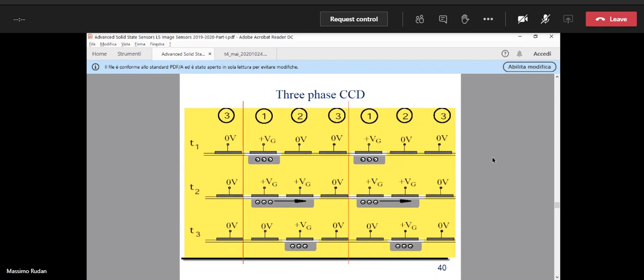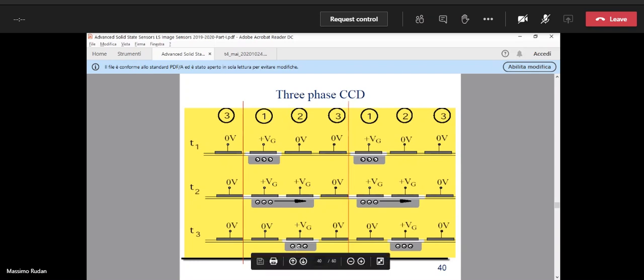This is much more preferable than having one individual reading device per pixel. We have one reading device only for a complete linear array of pixels, which is much preferable from the viewpoints of noise issues, but also for the occupancy of area on the chip.